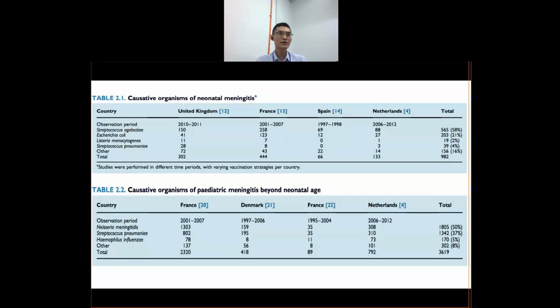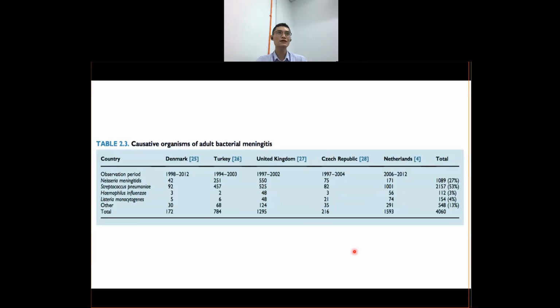So if you grow a bit older, this is the pediatric age group. Most of the organism is actually Neisseria meningitidis. But if you grow older to the adult age group, you can see that there is a change in the common pathogen implicated, whereby the most common cause of bacterial meningitis becomes Streptococcus pneumoniae.